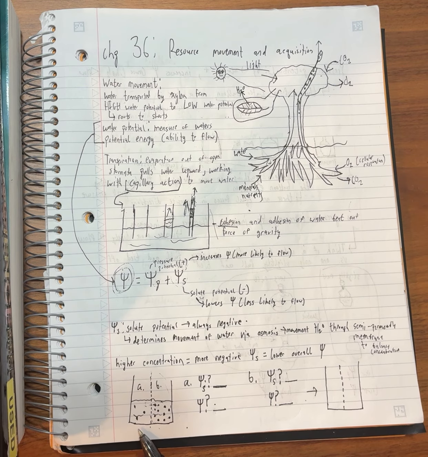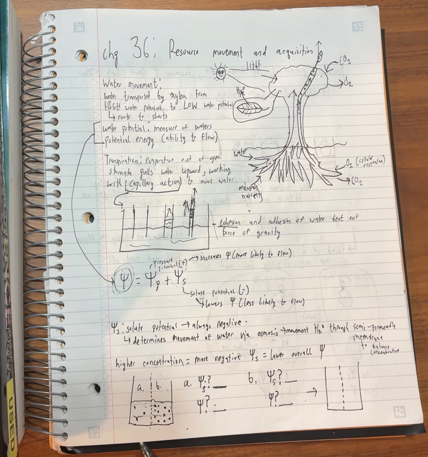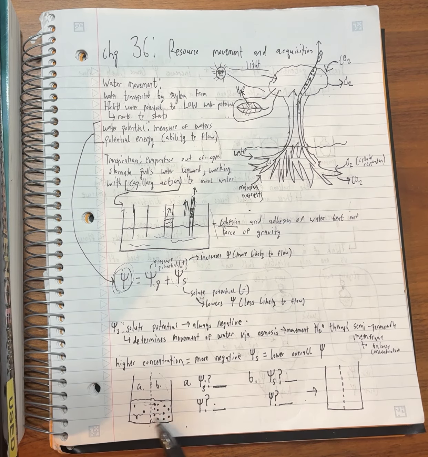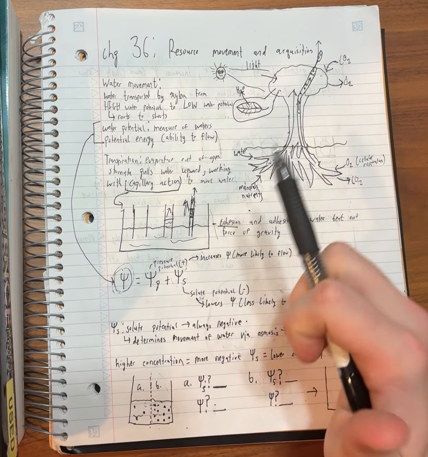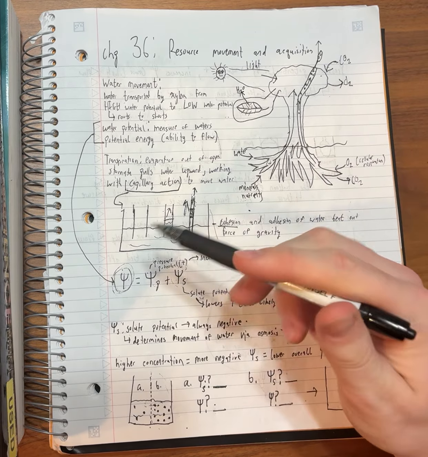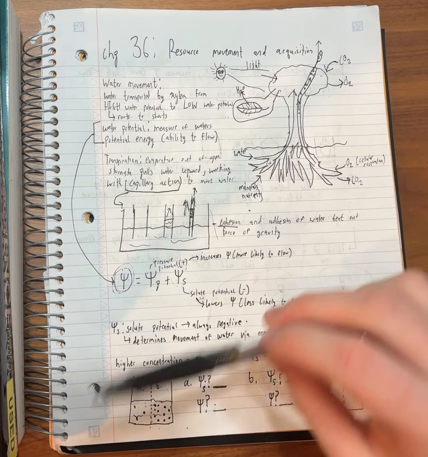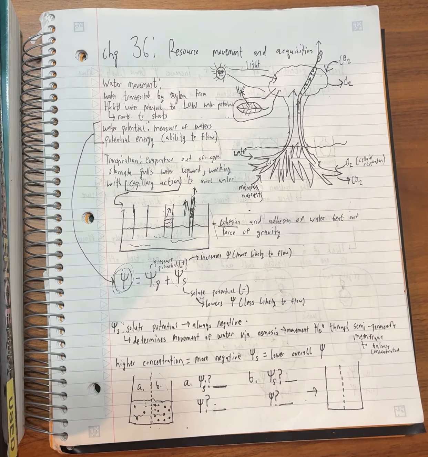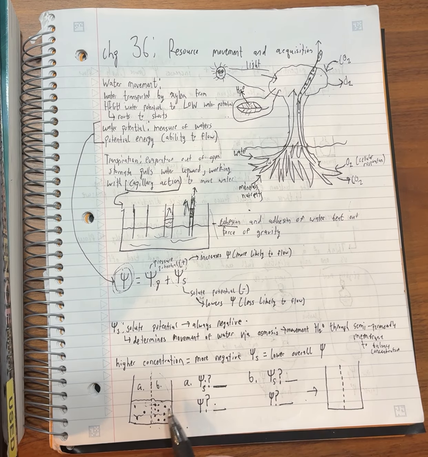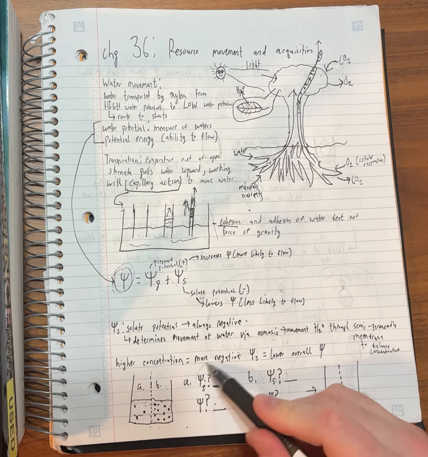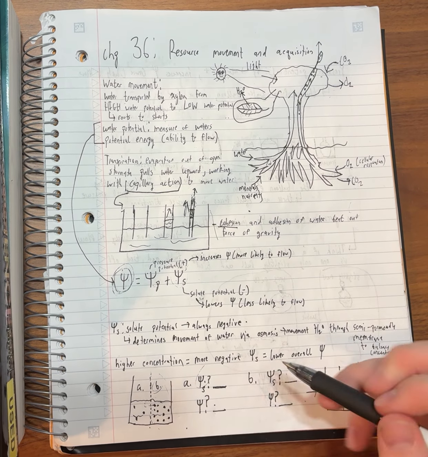So let's take a look here. A and B, one of these is going to have a high solute potential, and by high I mean a very negative solute potential, and one will have a less negative solute potential. Which one's which? Well, I said a higher concentration is more negative. So which one of these is going to be more negative for the solute potential? It's going to be B.